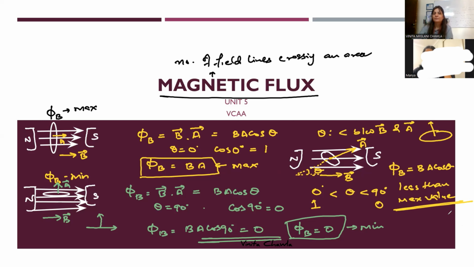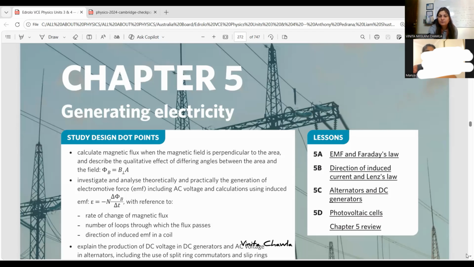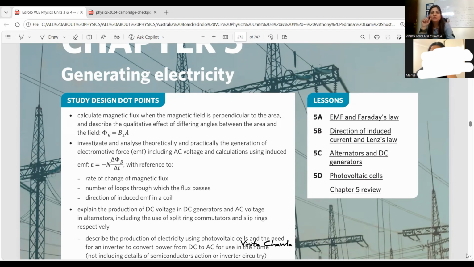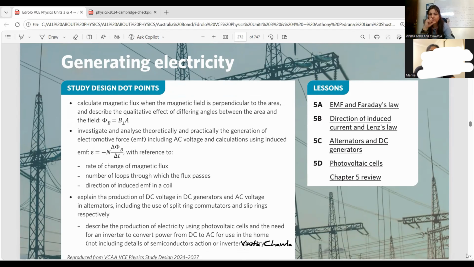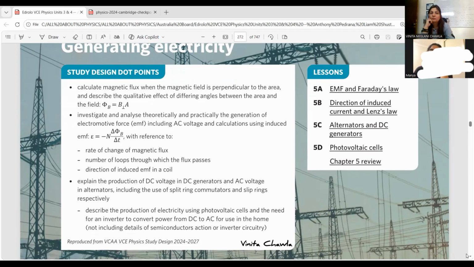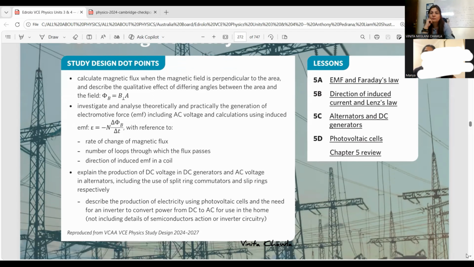Okay. Please write this. This is your chapter 5. In this chapter, we are going to talk about magnetic flux, which we have already discussed. You can see the perpendicular sign there with B. What does this perpendicular sign indicate? The area is perpendicular.